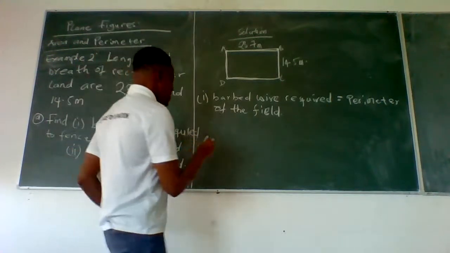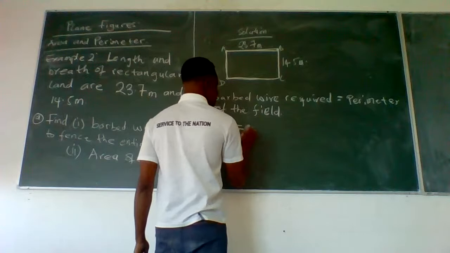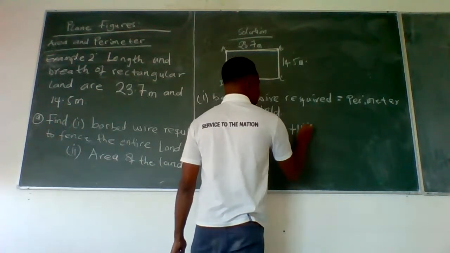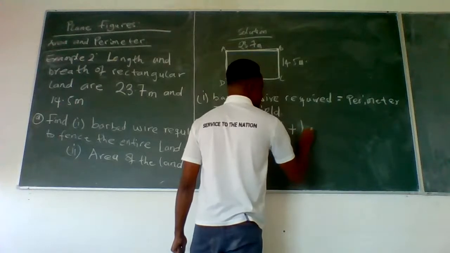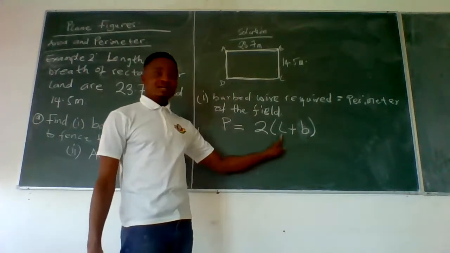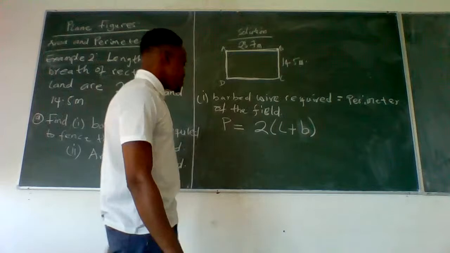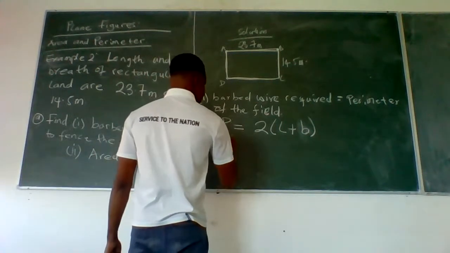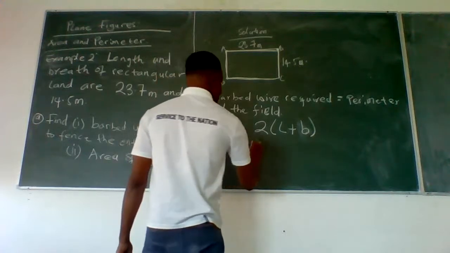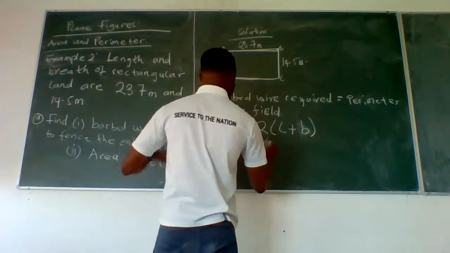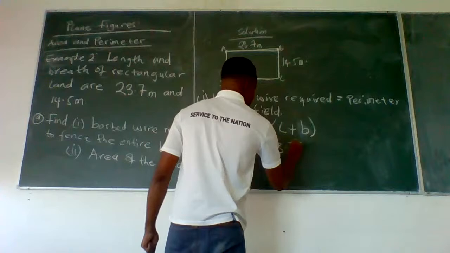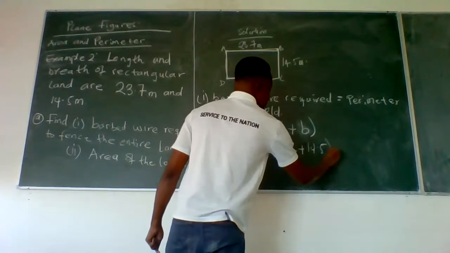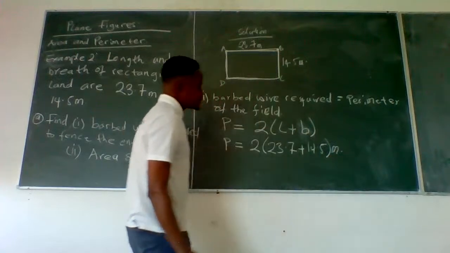So now we apply how to find the perimeter of a rectangle. We know the formula already, which is P equals 2 multiplied by the length plus the breadth, (L plus B), where L is the length and B is the breadth. So we just substitute your values. P equals 2 times (23.7 plus 14.5) meters.